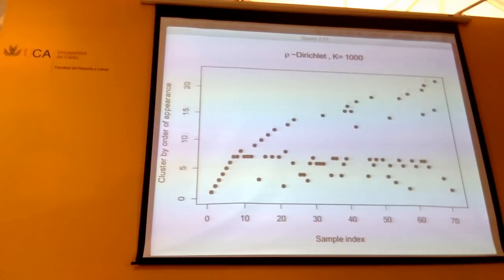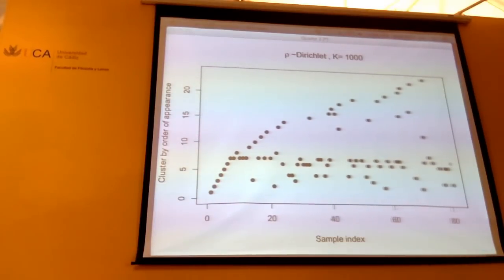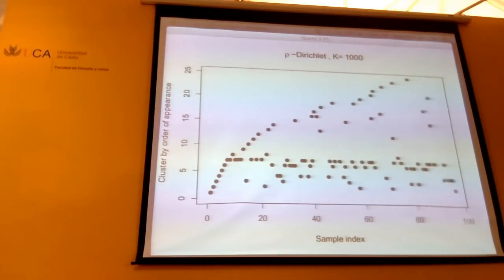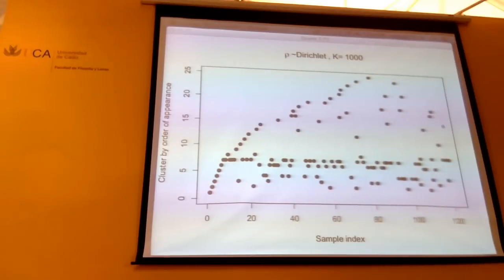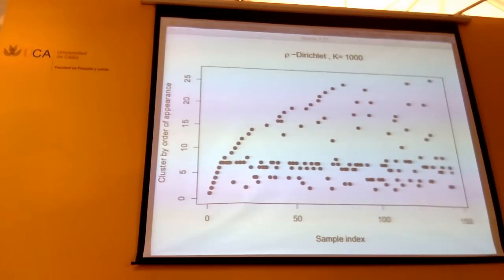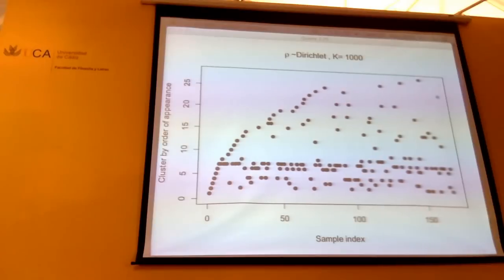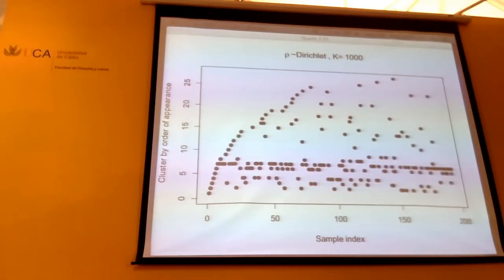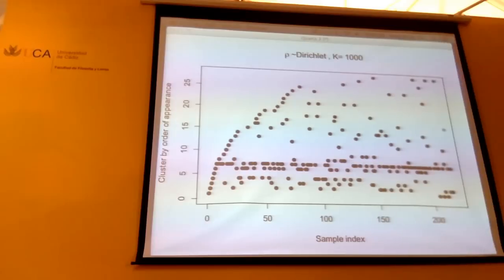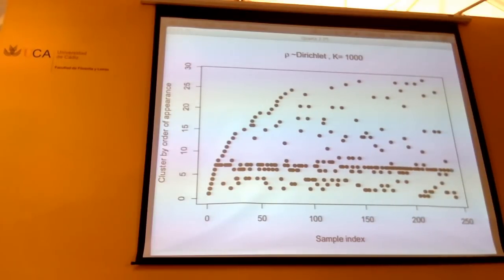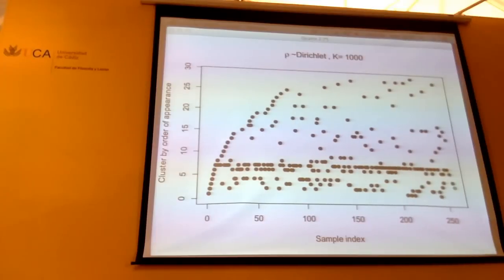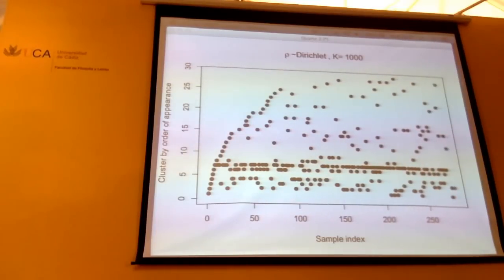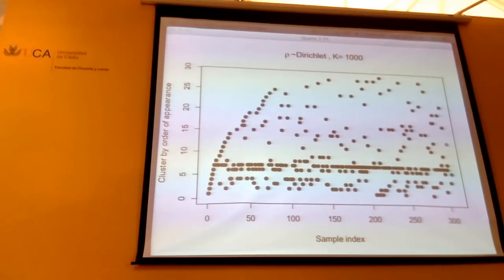And so we see that that number is growing. Seems like it's slowing down a little bit over time, like it's not growing as fast as it did in the beginning.